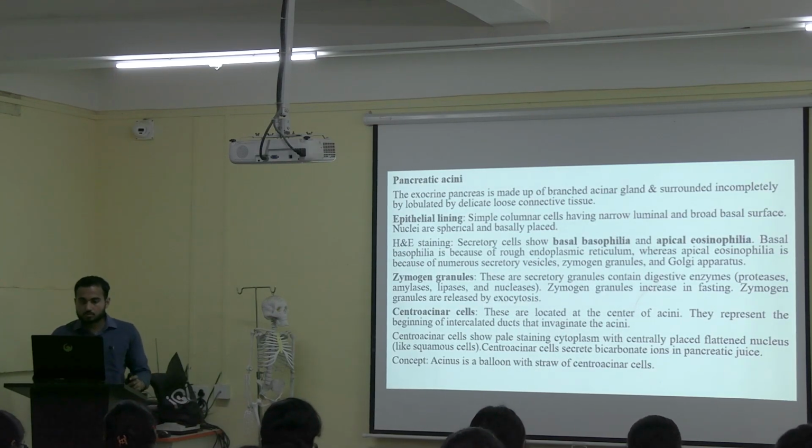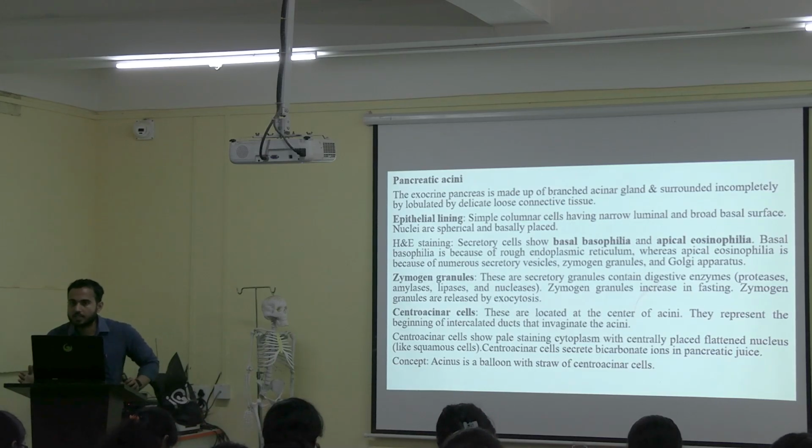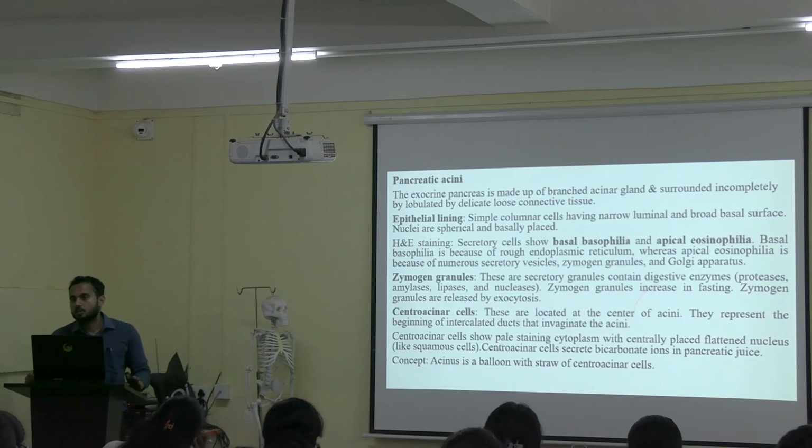Now as I said, in order to study the parenchyma of the pancreas, we have to segregate it. First we will discuss the exocrine part of the pancreas, followed by the endocrine part. So what is present in the exocrine part?